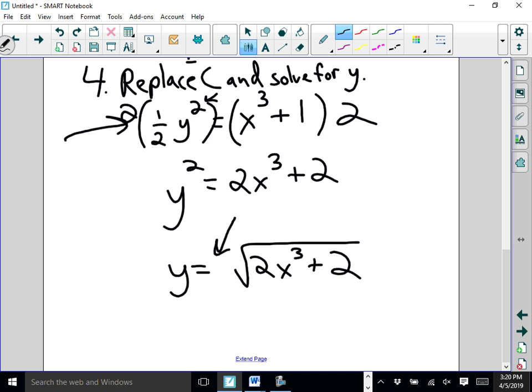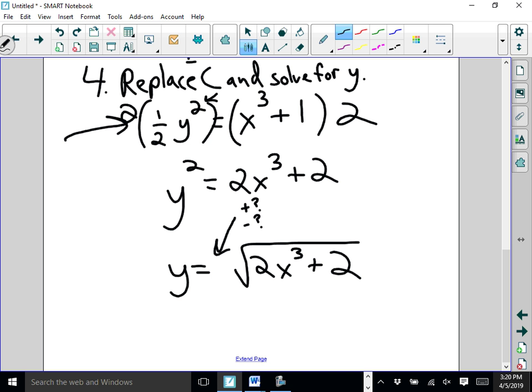Is this minus? It can't be both. You can't write y equals plus or minus root 2x cubed plus 2, because we can't have two solutions. There's only one solution. It's either plus or it's minus. It's got to be one or the other.